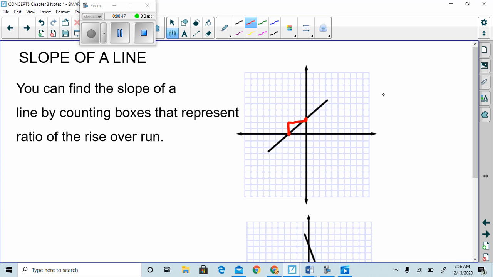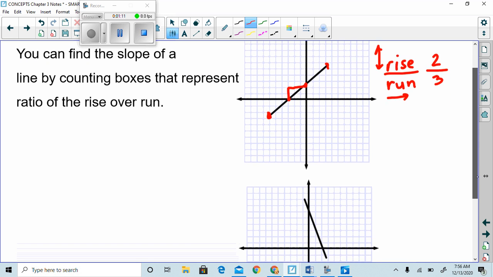It's rise over run, so the rise counted up 2, and it counted the run of 3. So this is our horizontal, and this is our vertical. And that gives me this positive slope of 2 over 3.